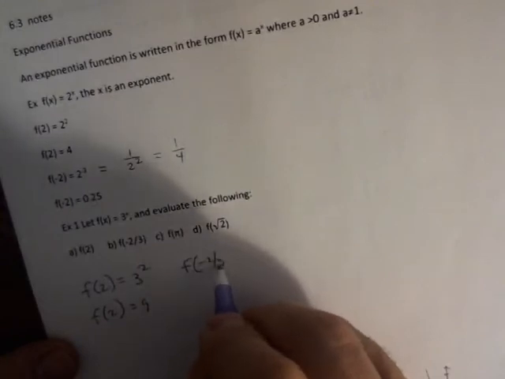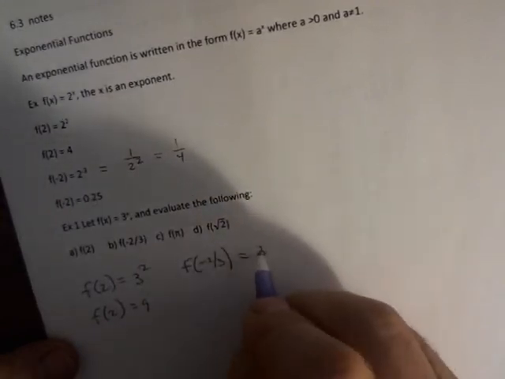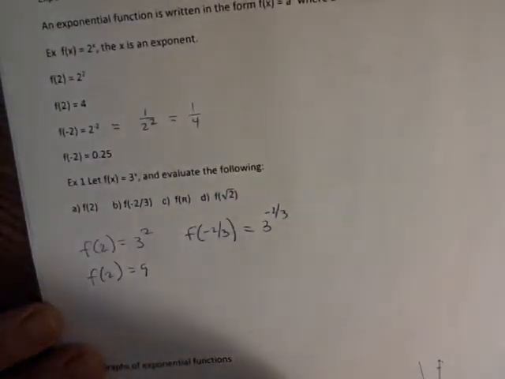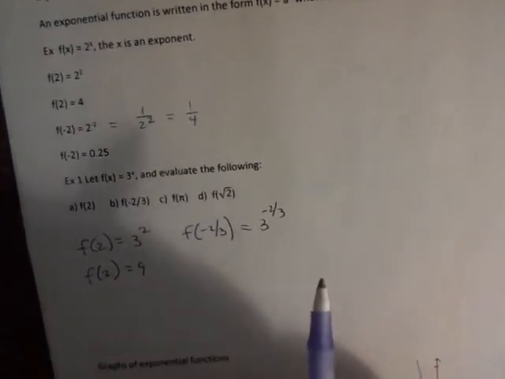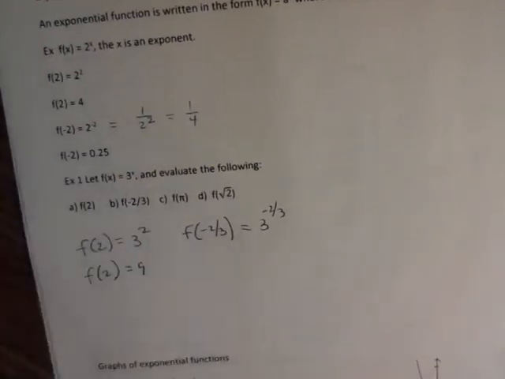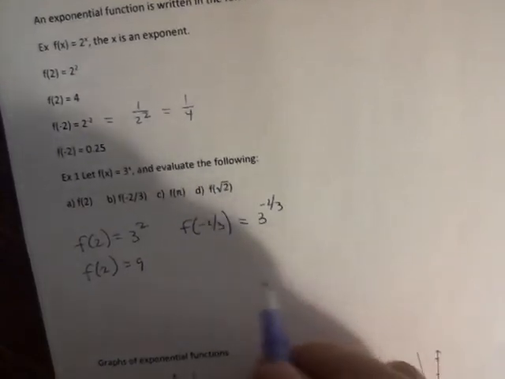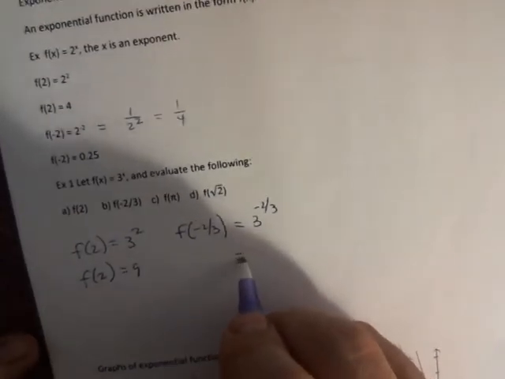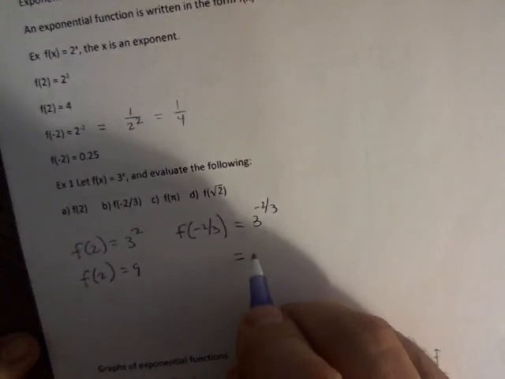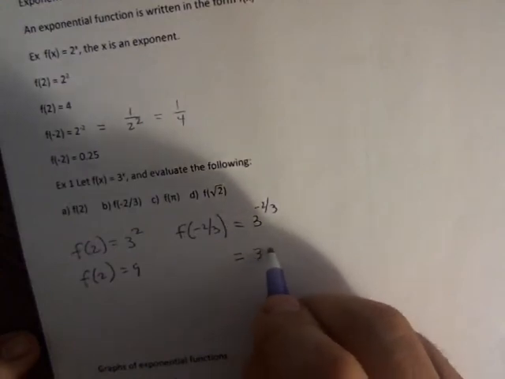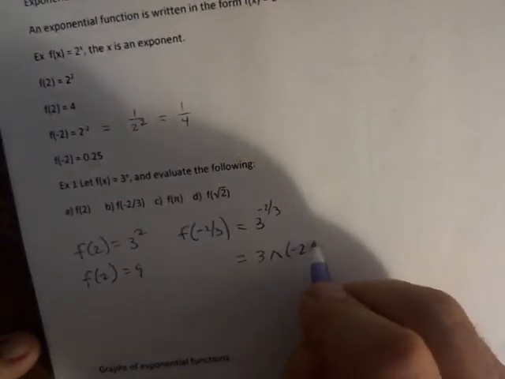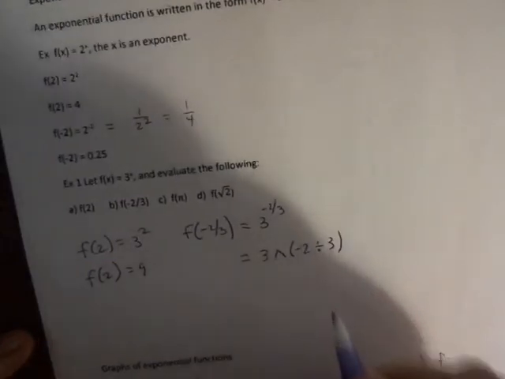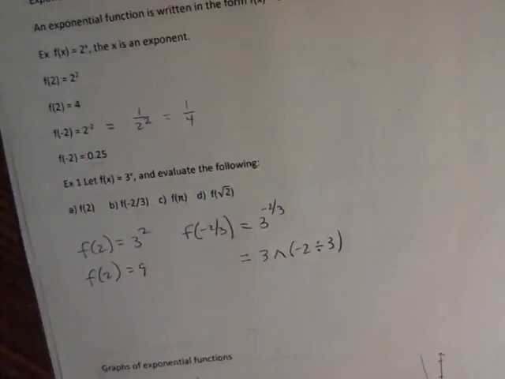So, if I want to do negative 2/3, what I have is 3 raised to the negative 2/3 power. To get the answer correct here, you have got to make sure that you know how to put this exponent into your calculator. Depending on what kind of calculator you have, you might have this button right here, which is raised to the power, and then you've got to put negative 2 divided by 3 inside parentheses.